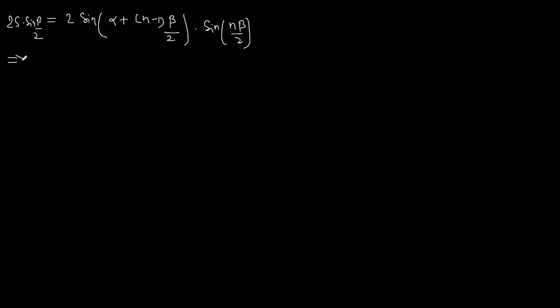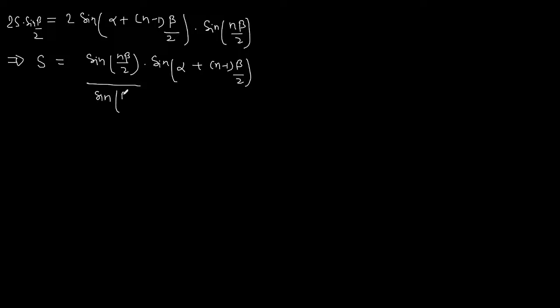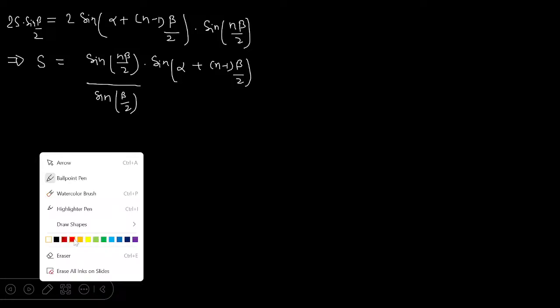Dividing both the sides by 2 sine beta by 2, the summation is equal to sine n beta by 2 into sine alpha plus n minus 1 beta by 2, the whole divided by sine beta by 2. So this is the final result for the sine.